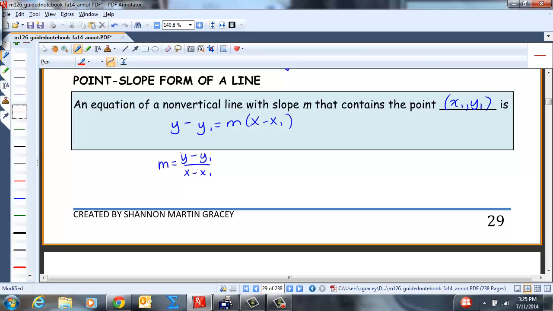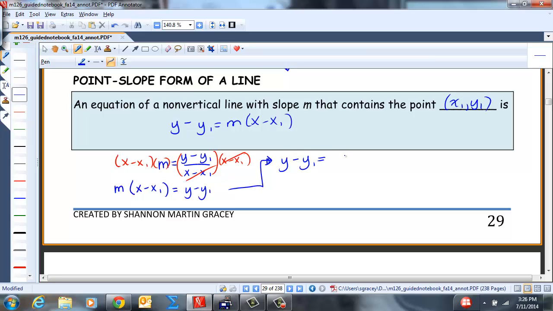And if you cleared the fraction by multiplying by x minus x1, so this would divide out, we would have, let me go ahead and switch these, m times x minus x1 after commuting those factors is equal to y minus y1. And then if I switch the sides of the equation, I have the point slope form of the line.